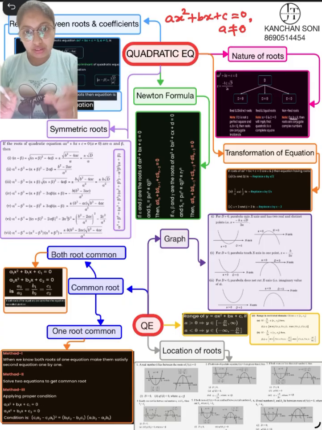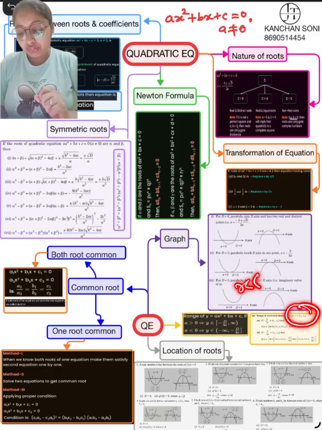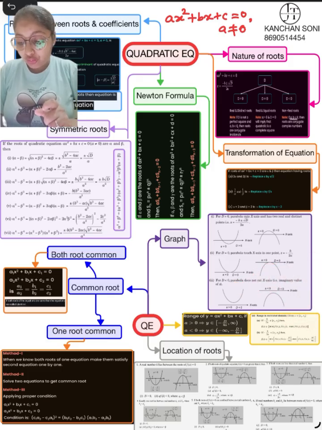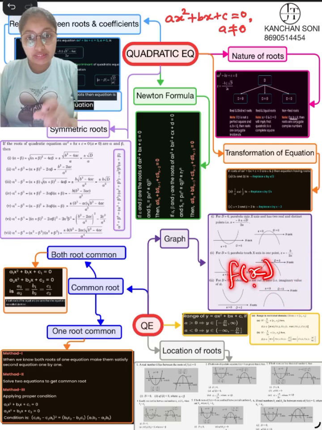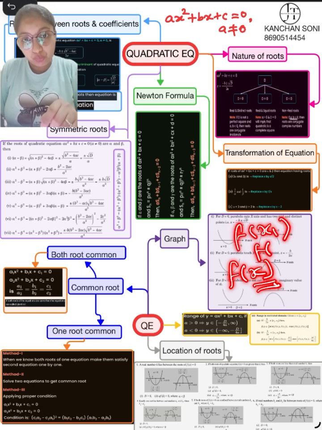If we have been given a particular interval, then how to find the range? Suppose the interval is x belongs to x1, x2. Then we will calculate f(x) at 3 points. What will be those 3 points? 2 points will be the end points, so I will calculate f(x1) and f(x2).